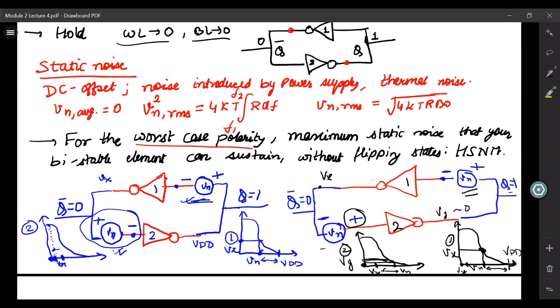So the effective voltage that this inverter sees is close to 0, and its output becomes close to 1.